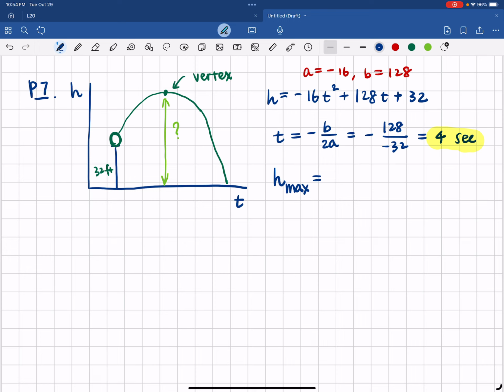In this case, it's the t coordinate. So let's plug it in. Negative 16 times 4 squared plus 128 times 4 plus 32. For this one, I highly recommend you use your calculator. Just plug it in and calculate. You will get 288 feet. And that's the maximum height.